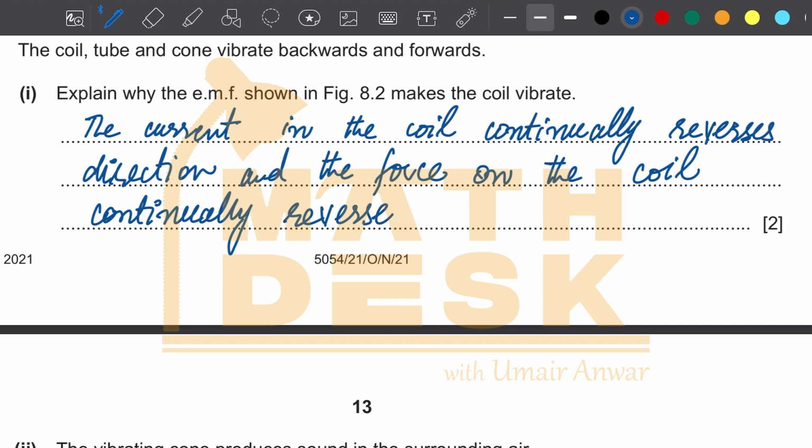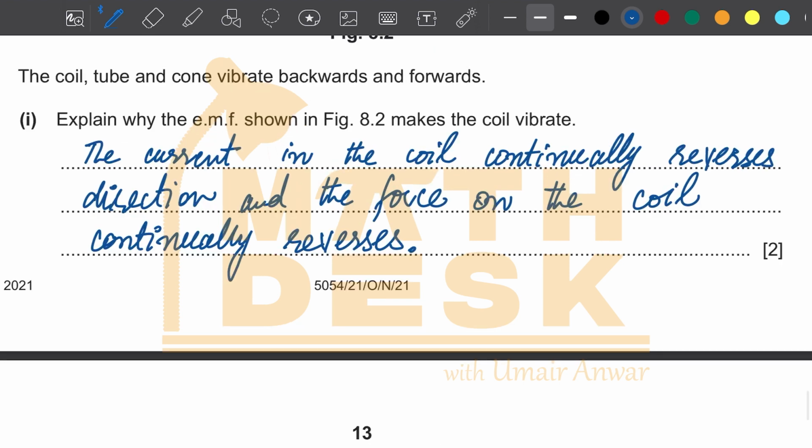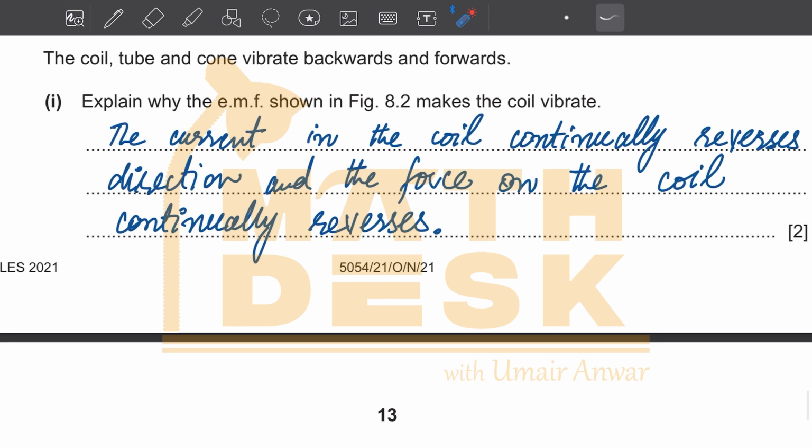So when there is a force in one direction, it might move forward. When there is a force in the opposite direction, it might move backwards. That is why this whole arrangement is moving or vibrating backwards and forward.